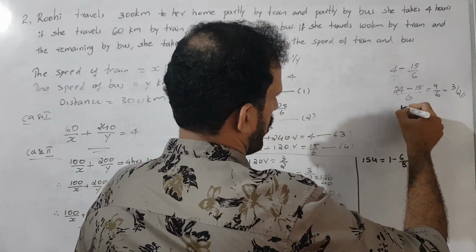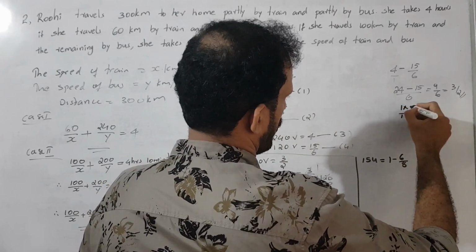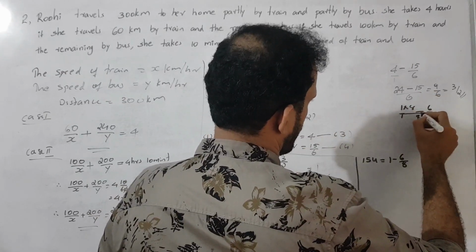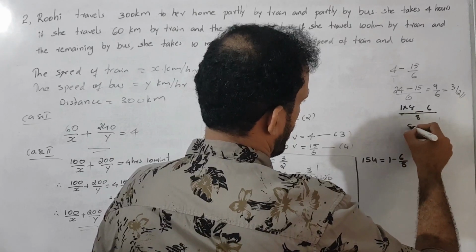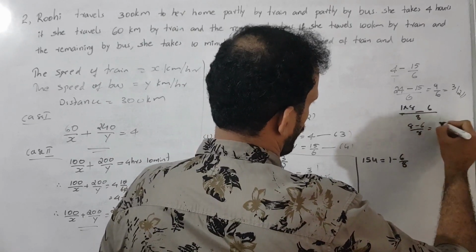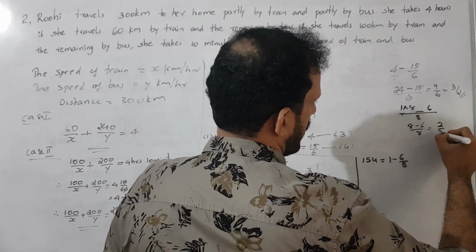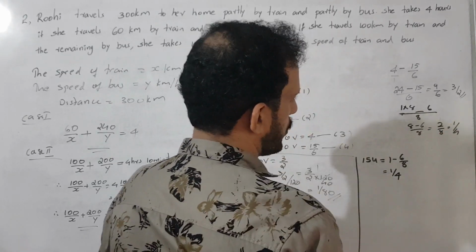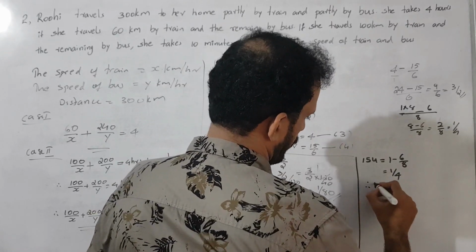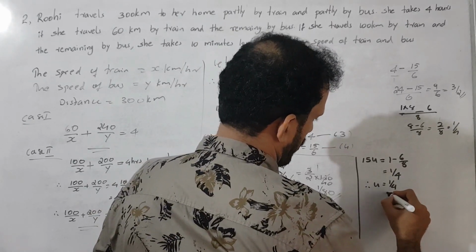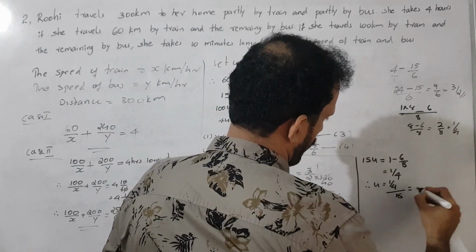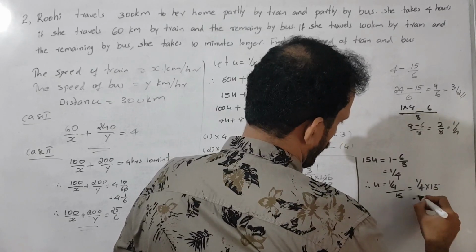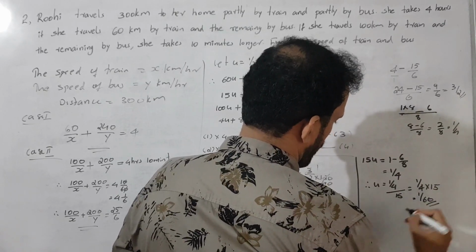Then 1 by 1, correct? Then 1 into 8 minus 6 by 8 is equal to 2 by 8, which is 1 by 4. Therefore, u is equal to 1 by 4 divided by 15, which is 1 by 4 into 15, equal to 1 by 60.